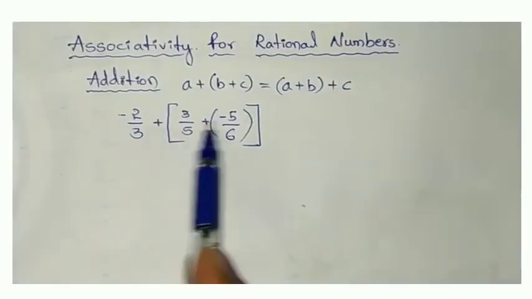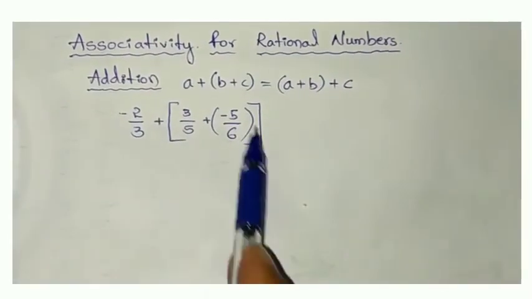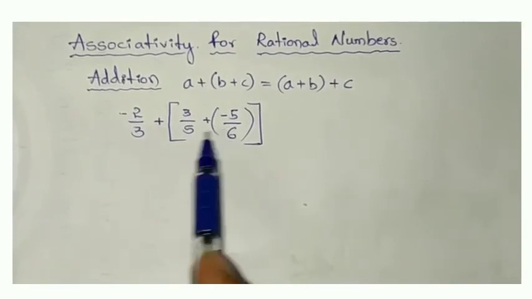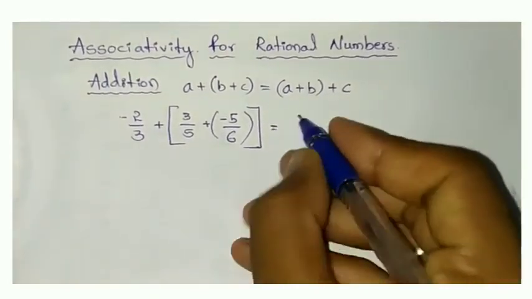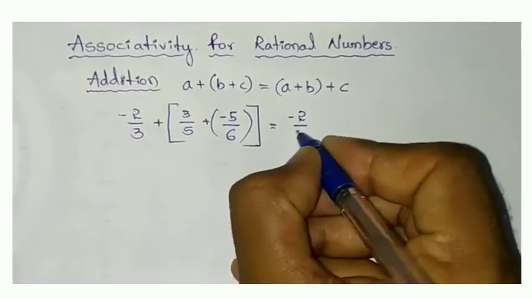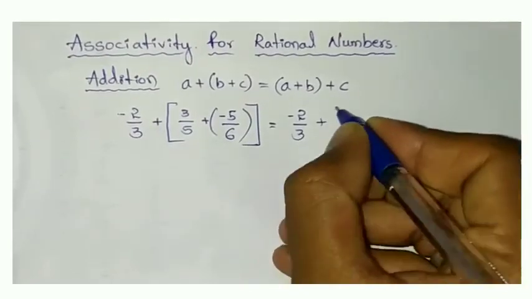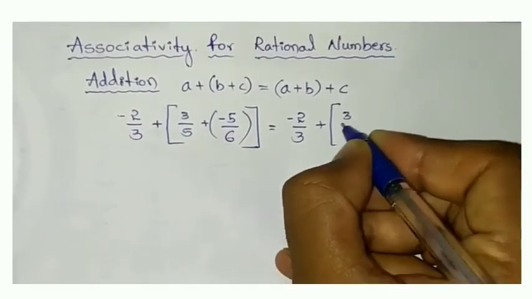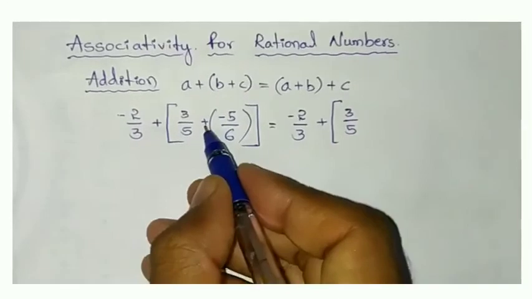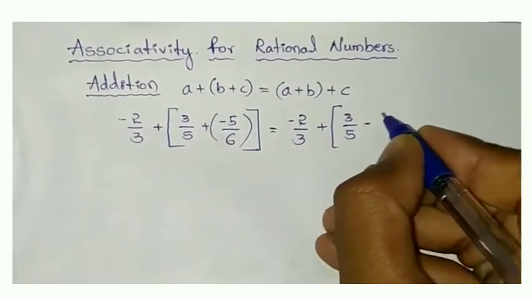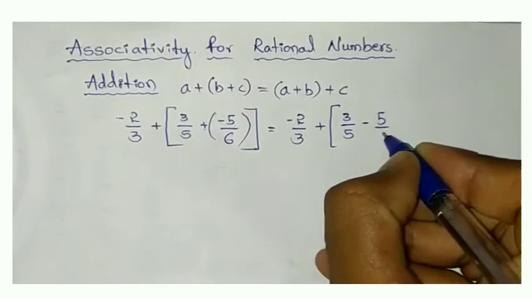So here first we have to open the square bracket and solve the inner brackets. Minus 2 by 3 plus 3 by 5, here plus into minus, minus 5 by 6.